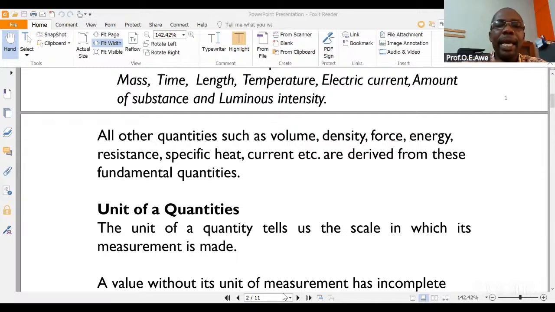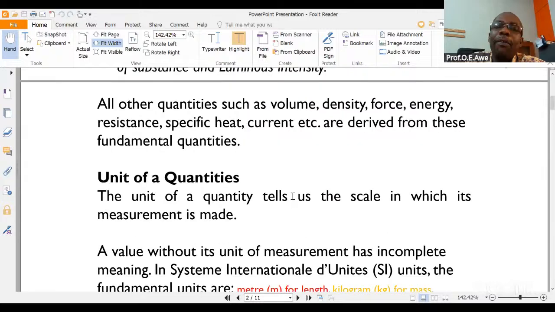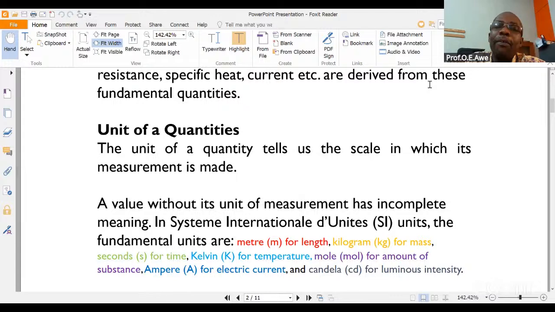And the next thing we should see on our slide is what these fundamental quantity units are. I'm going to show you. The fundamental unit for length, which is a fundamental quantity, is the meter.